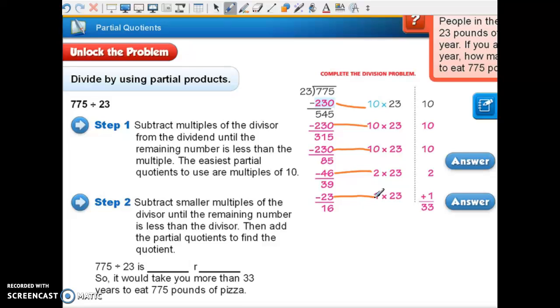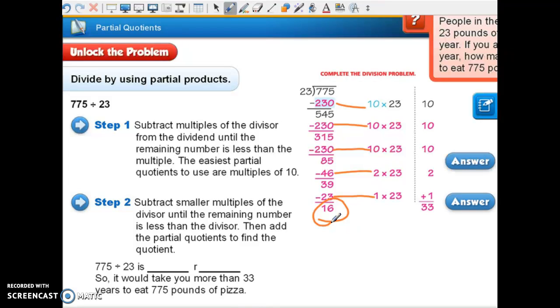So, can we go any more? Will 23 go into 16? No. So we're done dividing. What's this part going to be? Your remainder. We're going to take all these partial quotients, and what are we going to do with them? Add them up, just like we did with 40 plus 5, or 30 plus 15, or 20 plus 25 to get our 45.